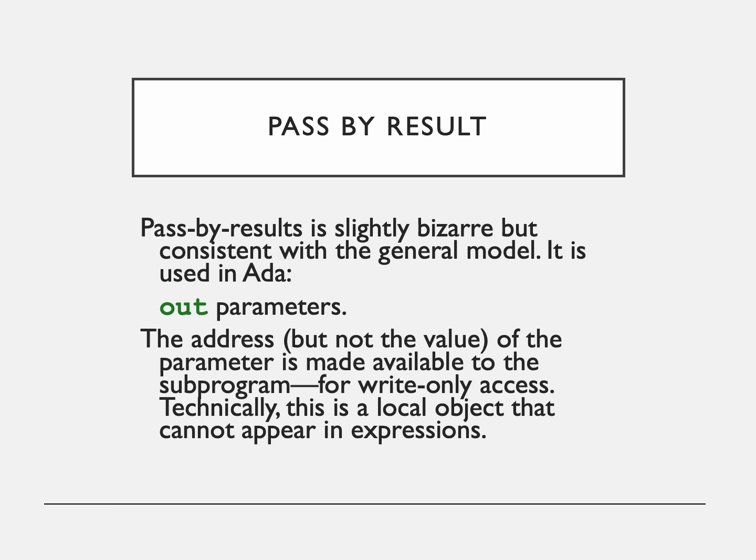Technically, since the original value of the parameter is not utilized, this can help avoid unnecessary data copying, which might optimize performance in scenarios where the input value is large or complex. However, it also requires careful handling to ensure that the intended data is correctly written back to the calling environment.